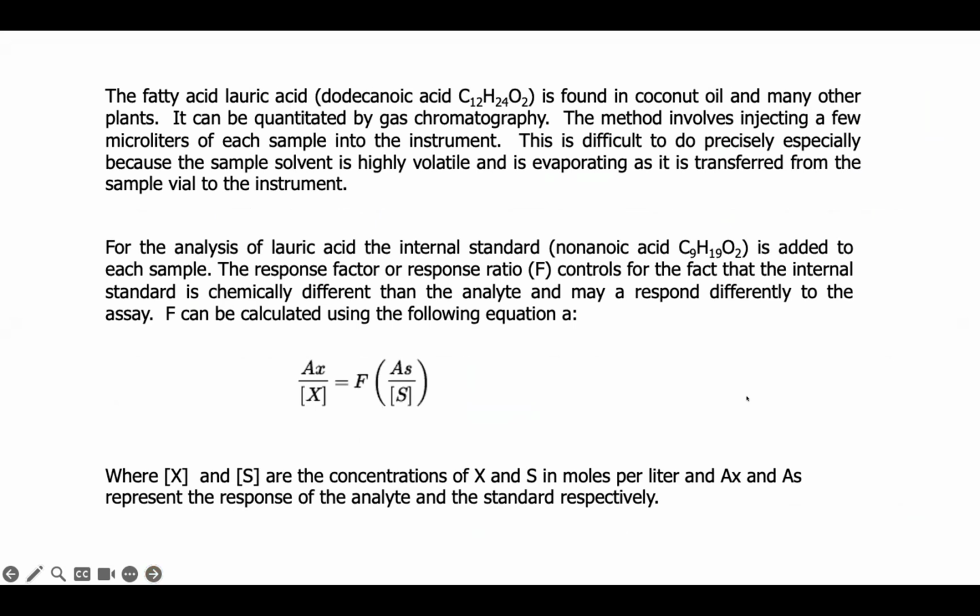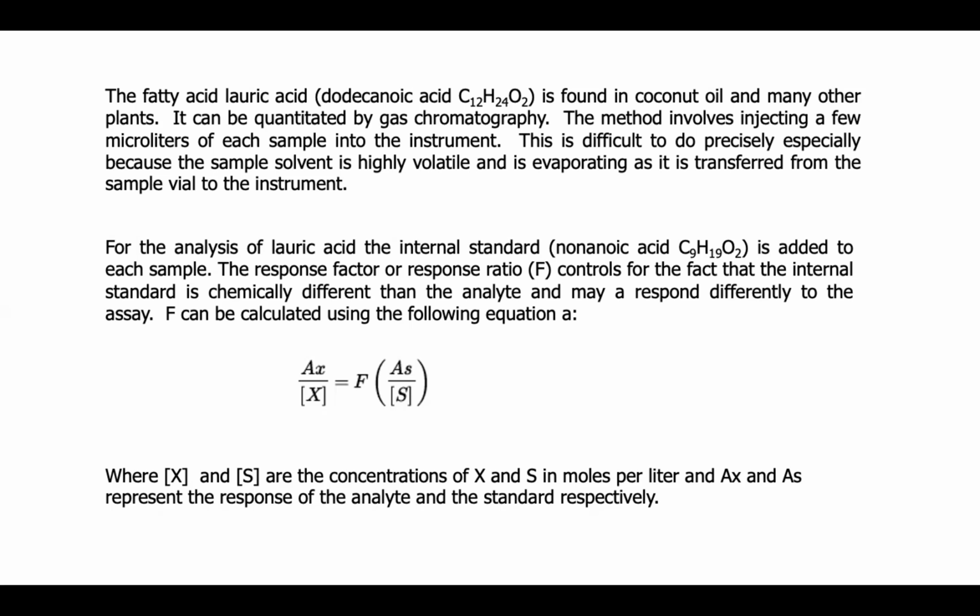Example here is analysis of fatty acid. Lauric acid is found in coconut oil and many other plants. It can be quantitated by GC, gas chromatography. The method involves injecting a few microliters of each sample into the instrument. We can imagine that when you are injecting a few microliters, there's a possibility that, because it's volatile, you might lose some of the sample to the environment.